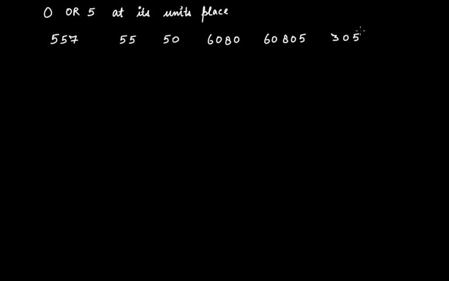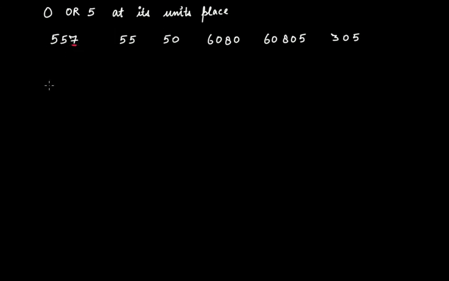So suppose these are 6 numbers, and you have to check which of these 6 numbers are divisible by 5, then the condition is that the particular number should have 0 or 5 at its units place.